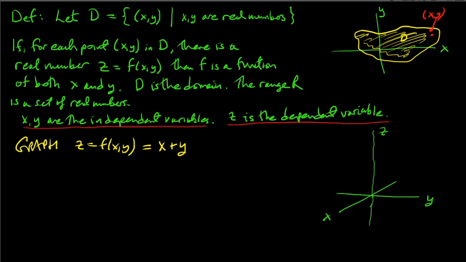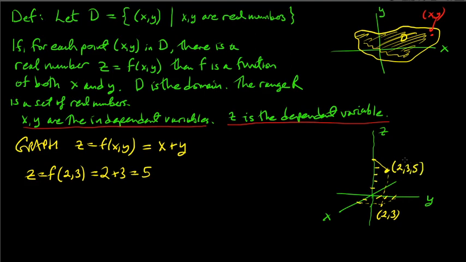So for example, if I plug in x equals 2, y equals 3, then z will just be 2 plus 3, which will be 5. So I go 2 units out on the x-axis, 1, 2, 3 units out on the y-axis. So this point here is the point 2, 3 in the xy plane. And then we go up 1, 2, 3, 4, 5 units on the z-axis, right about here. So this is the point 2, 3, 5, and that is an actual point on the graph.